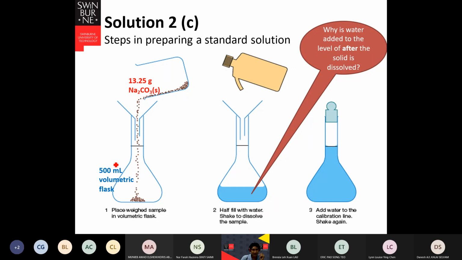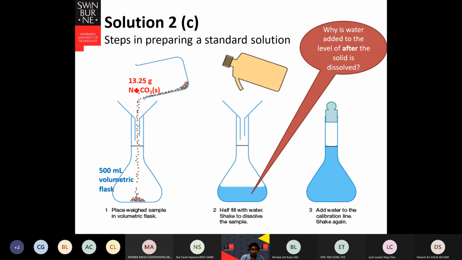This is a volumetric flask. It is tall, the neck of the bottle is slender and upright, but the bottom is round, bulb shaped. Of course, at the base there is a flat part so that you can keep it on the table.